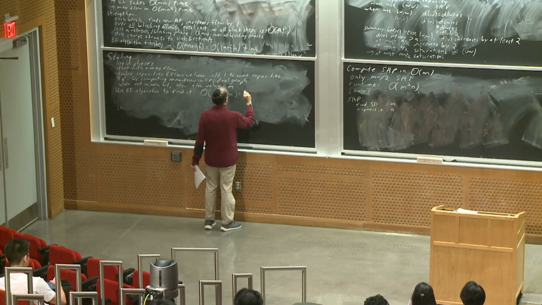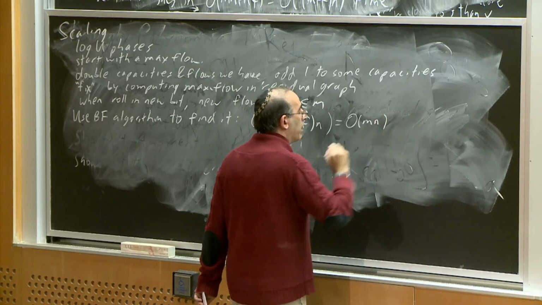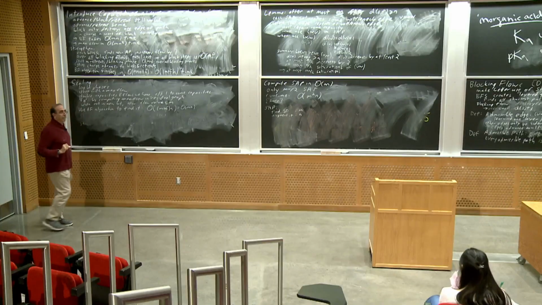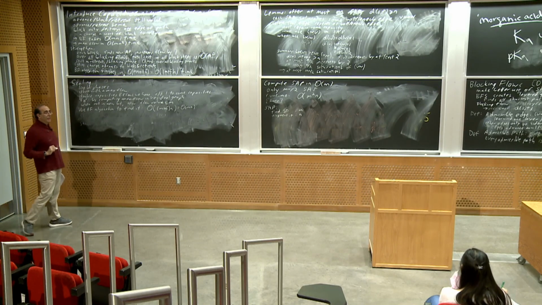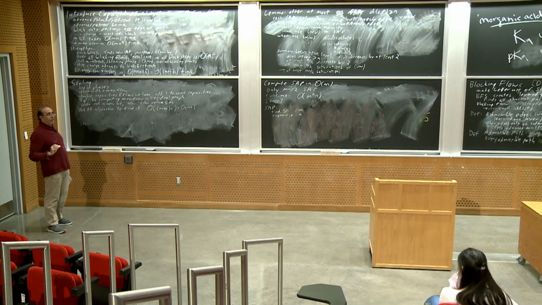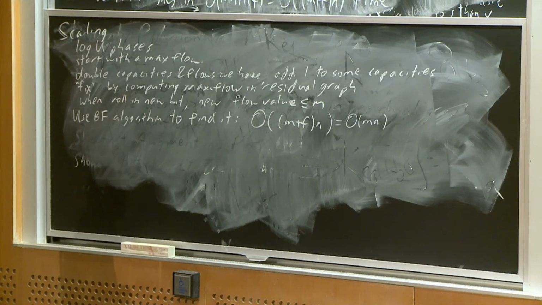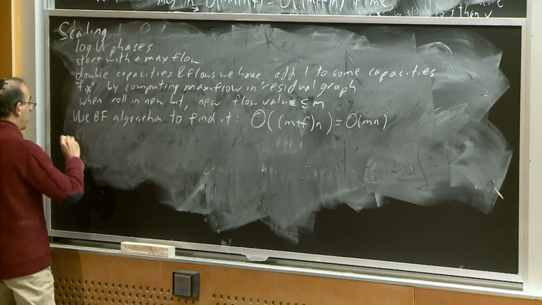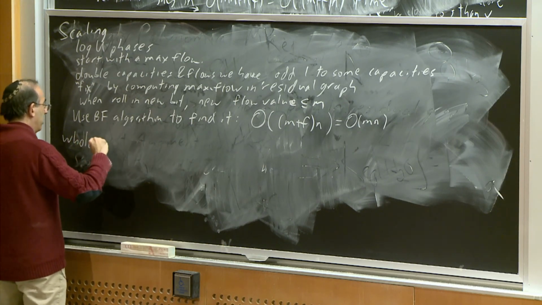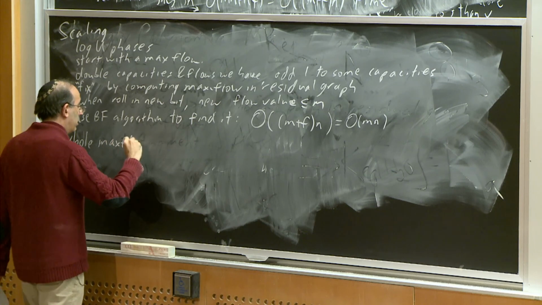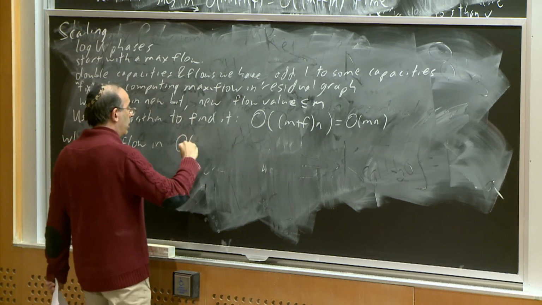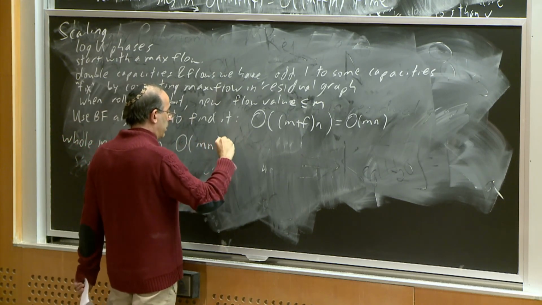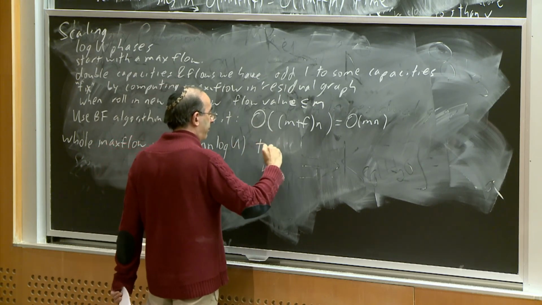So this is order mn. So if you're using scaling, a single phase of the blocking flow algorithm takes order mn time. And that means that you find your whole max flow in order mn log u time.